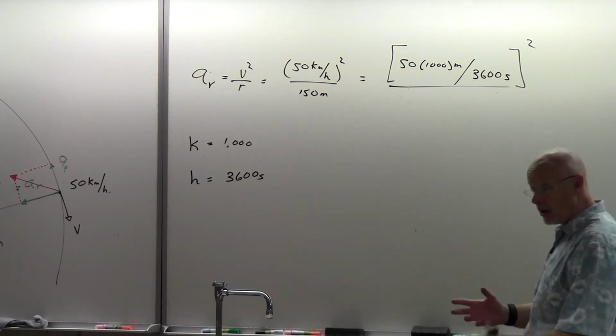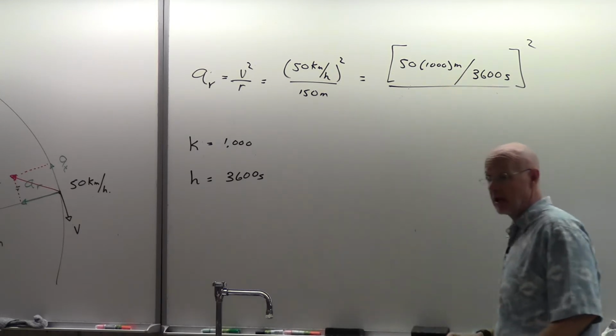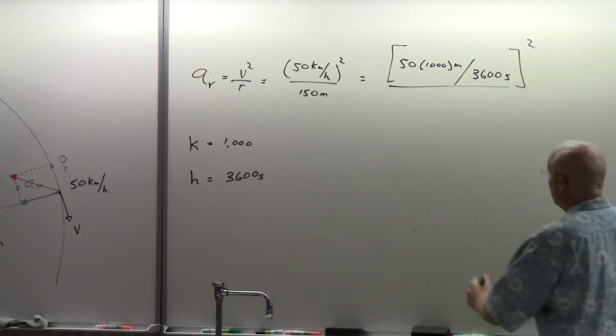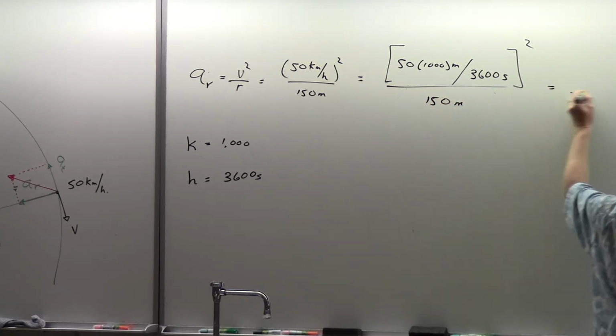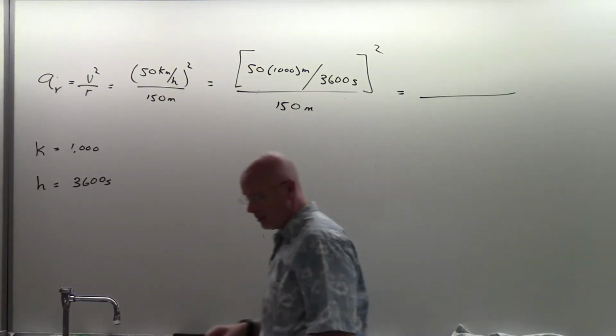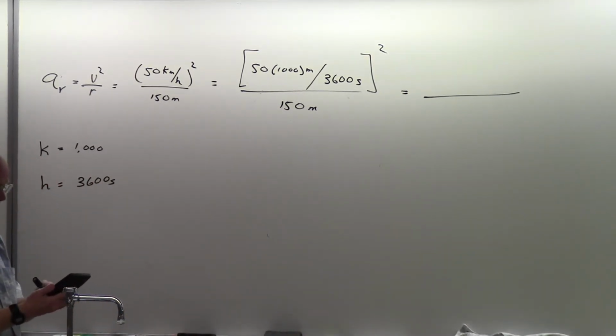If I got my calculator out, that would give me the speed in meters per second. I'll put the 150 meters down below. In the numerator, I would have 50 times 1,000.